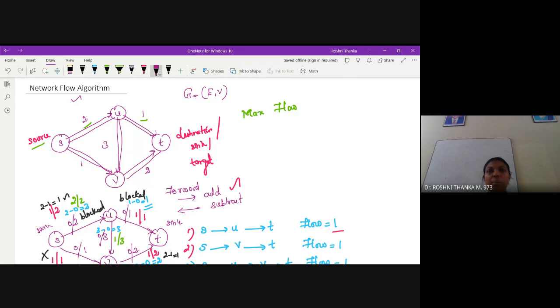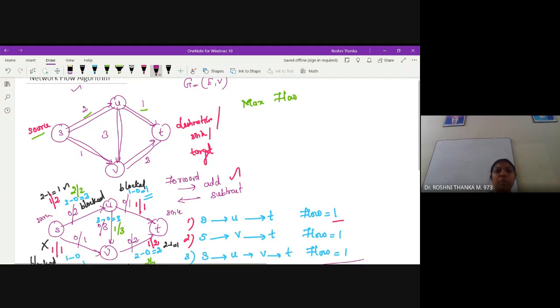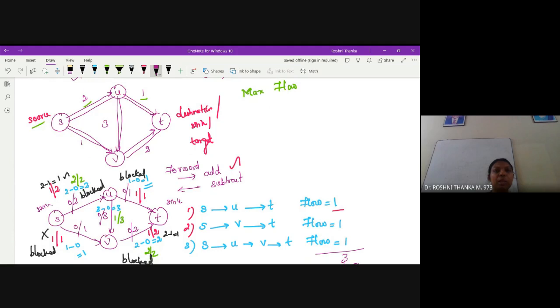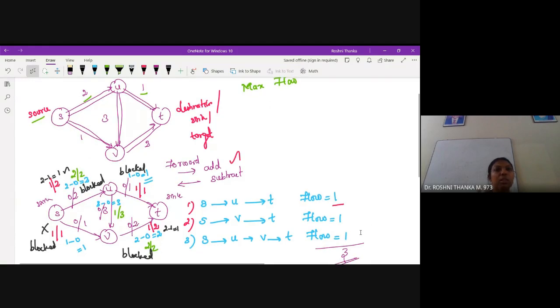So how much volume of data I can send from one place to another place, how we can find this, only this way we can find. So at a time I can send 3 volume of data. One way I can send through this, another through this, another through this. These 3 ways. At a time I can send 3 volume of data.